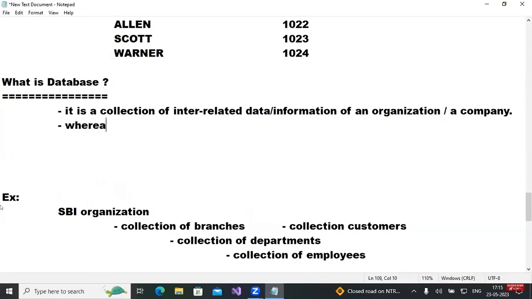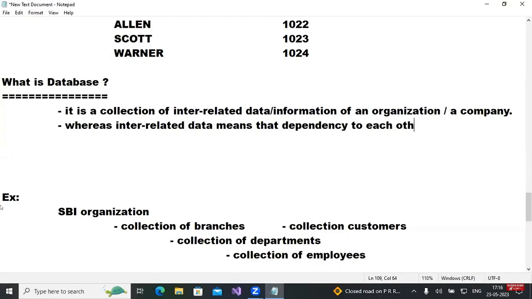Whereas interrelated data means dependency to each other.